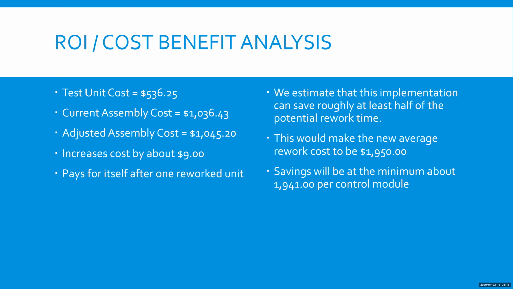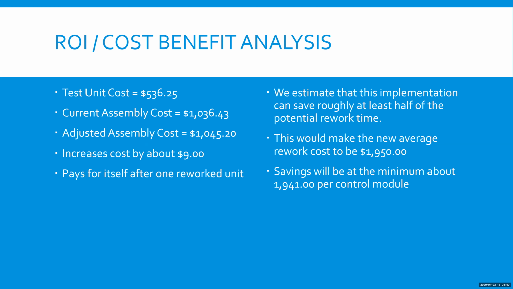And that's what we used when we were calculating our cost and benefit analysis, because we know that our test unit is estimated to cost $536, and our current assembly cost was $1,036. And when we added the extra 5 minutes, that increased the assembly cost by about $9.